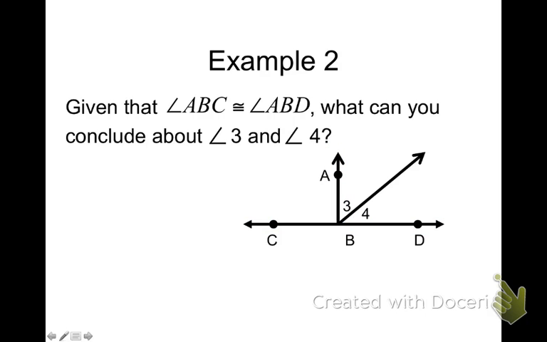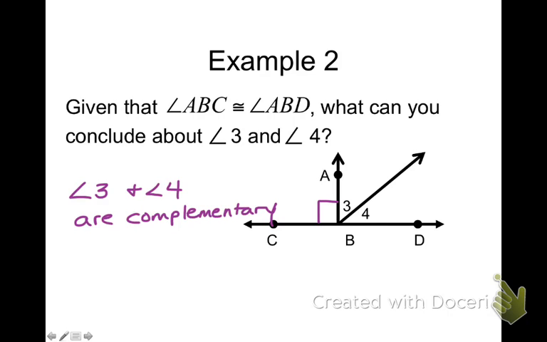So if I know that this angle here is congruent to this angle here, then I know that the lines are perpendicular. So what has to be true about 3 and 4? They're complementary. So angle 3 and angle 4 are complementary. Or just put comp for short, as an abbreviation. Sure. So far pretty easy?